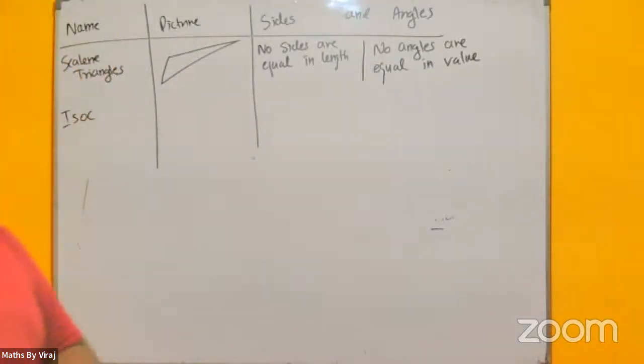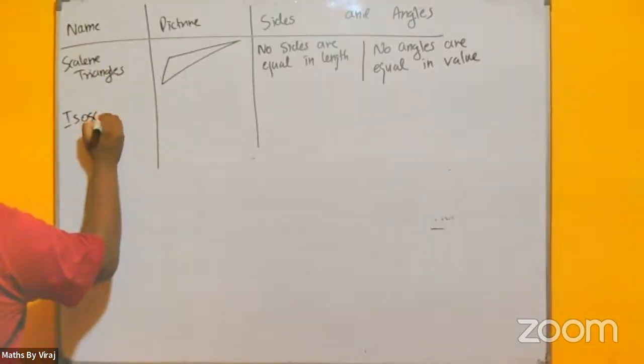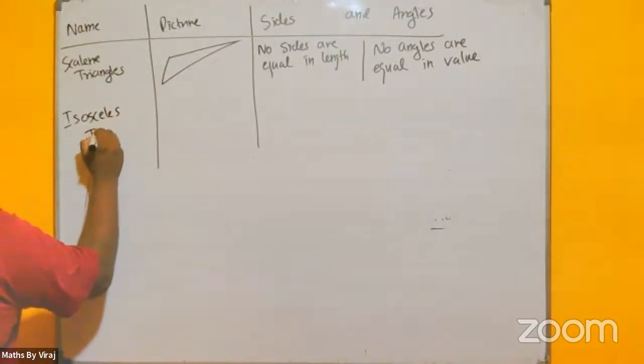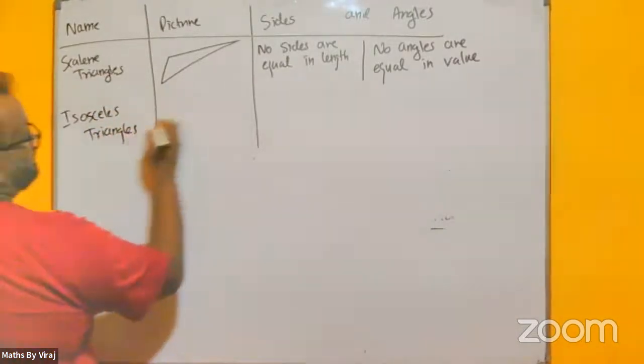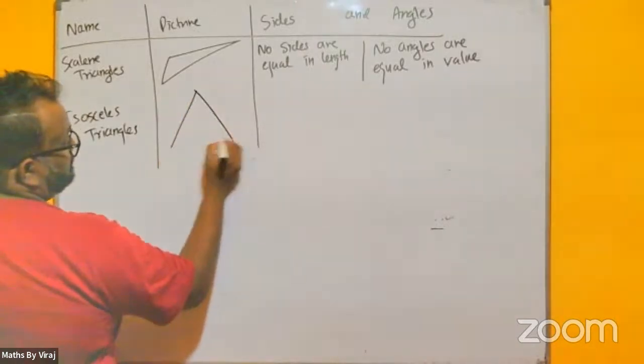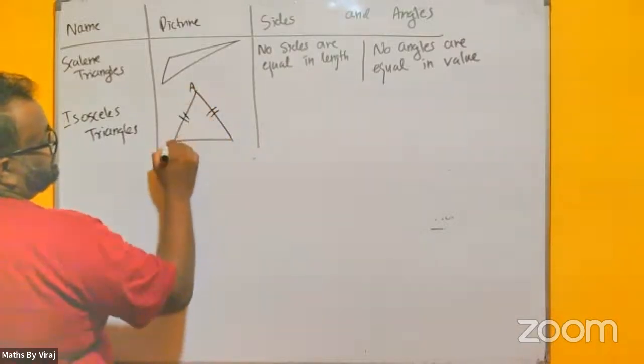Next we have isosceles triangles. We mark these two sides as such.